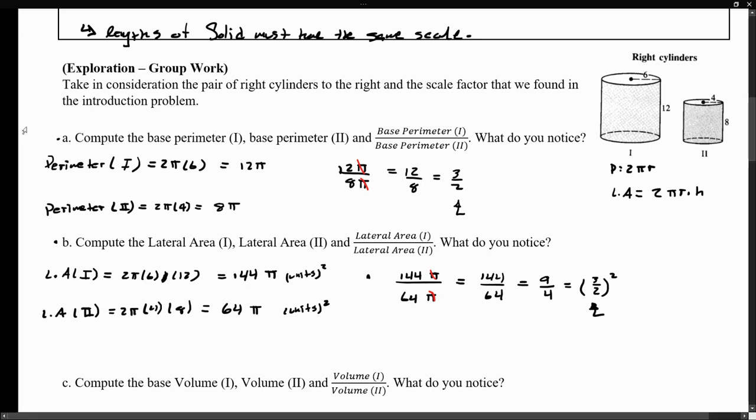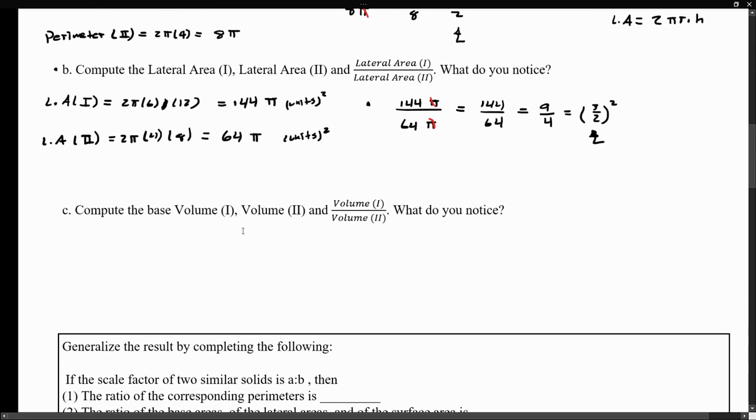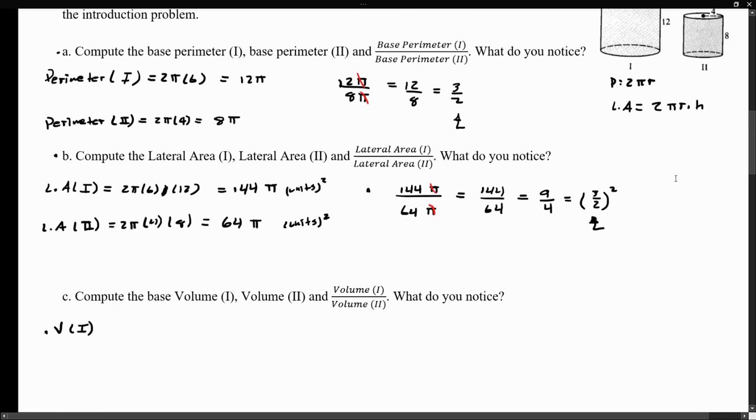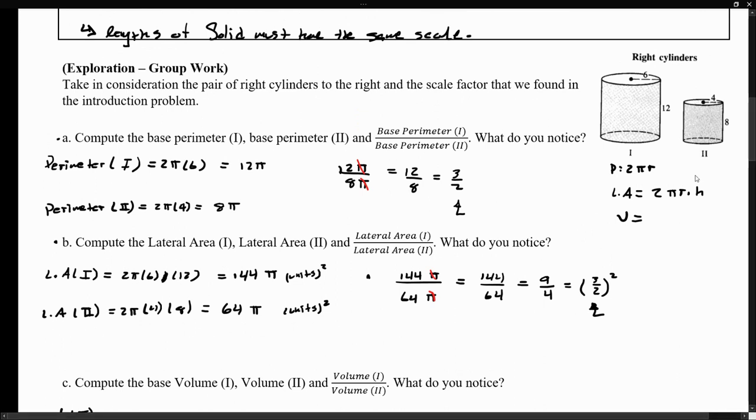Now, let's take a look at the volume. So if we find the volume of the first figure, recall that the volume for a right cylinder is going to be equivalent to pi r squared times the height.